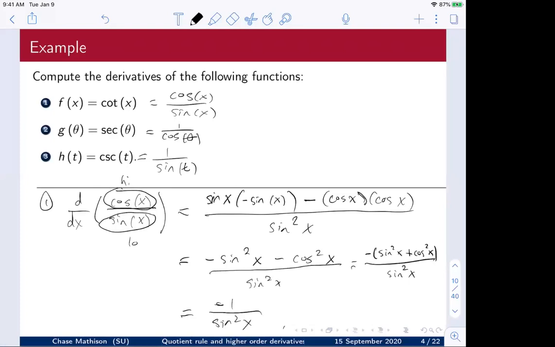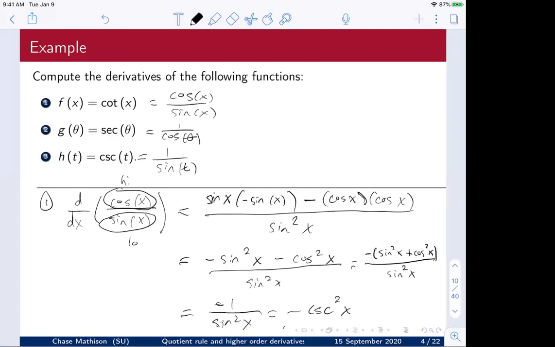And another way to rewrite this is negative cosecant squared x. Okay. Because 1 over sine of x is the cosecant of x by definition.